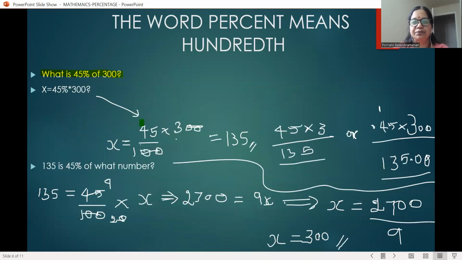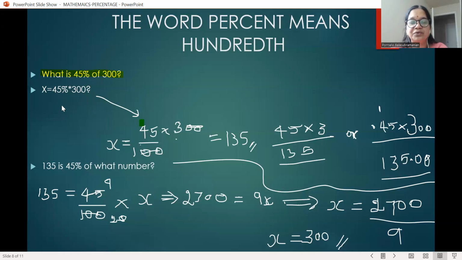Next, we'll see some word problems. Here, what is 45 percent of 300? How do you calculate it? 45 percent of 100 is 45. Here, the question is, what is 45 percent of 300? So before that, from the word problem, we have to make an equation. The unknown value is x, so x equals 45 percent of 300.